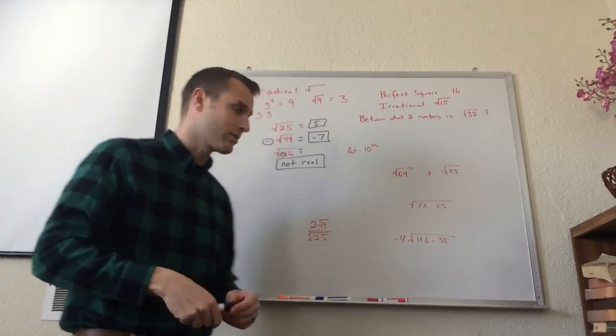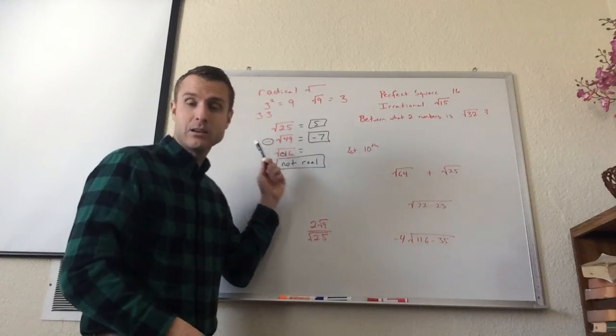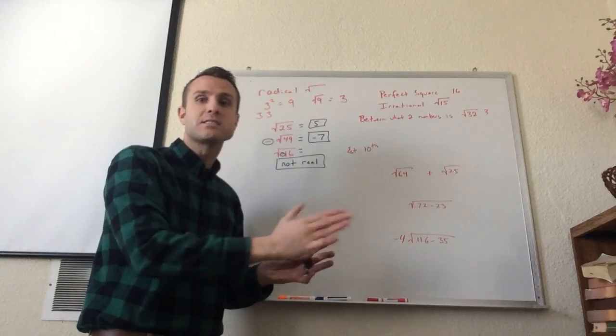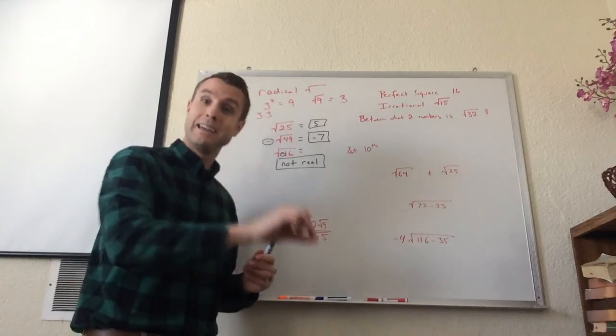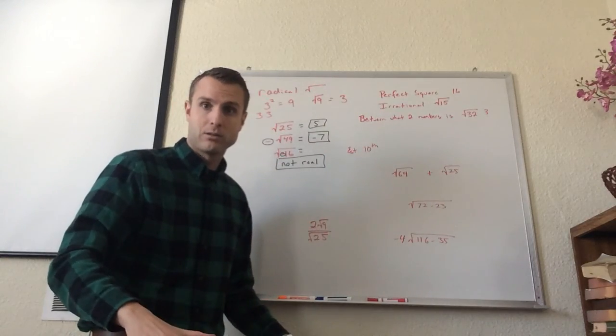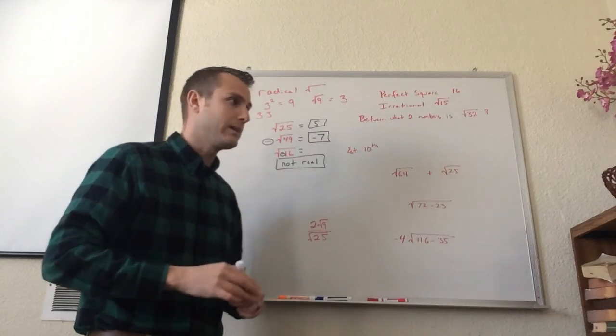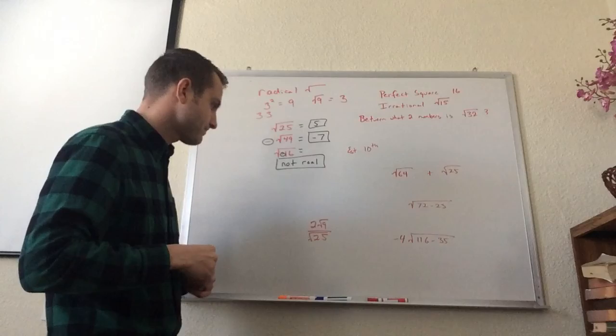No real answer. If it's on the outside, you can solve that and then just add the negative at the end. Outside, solve, add the negative at the end. Inside, not real. So anytime you see a negative inside, your answer is going to be not real.